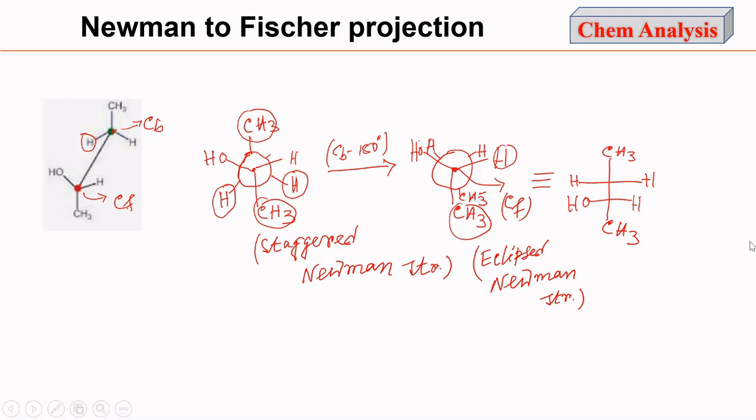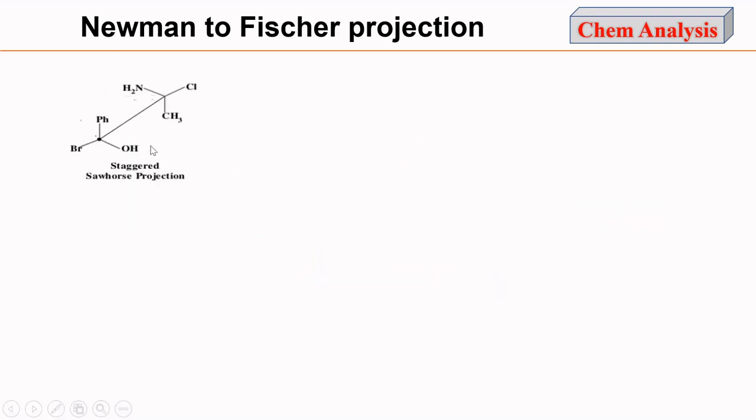So let's see another example. In this case, if we want to keep this phenyl and methyl group on the vertical axis of the Fischer projection formula, then we have to bring this phenyl group below the plane and eclipsed to this methyl group.